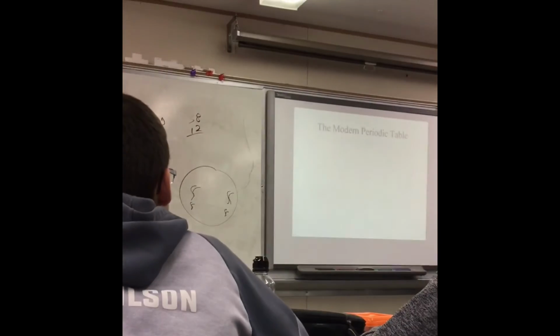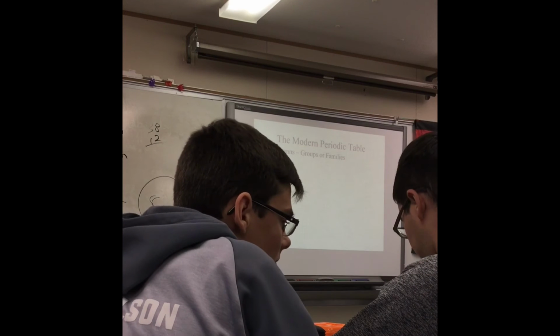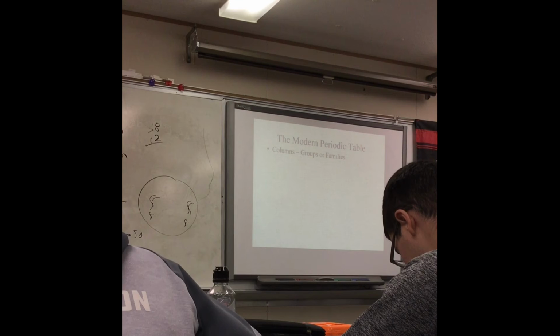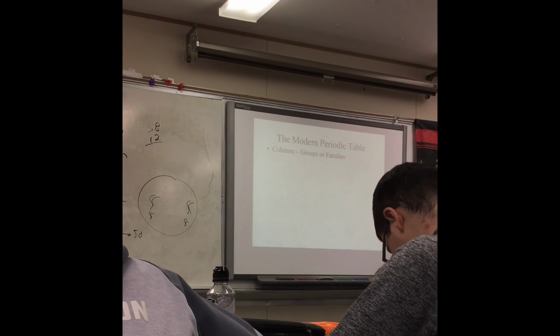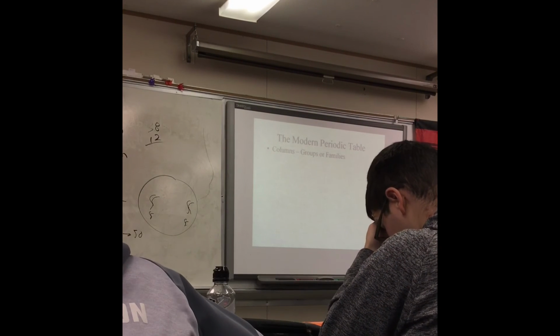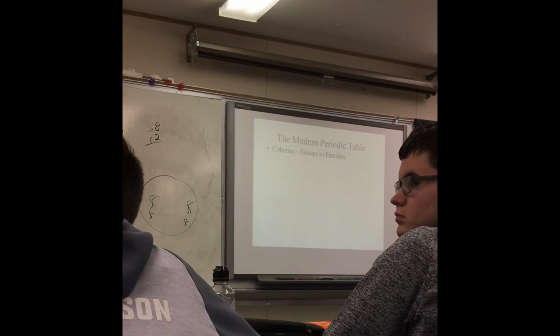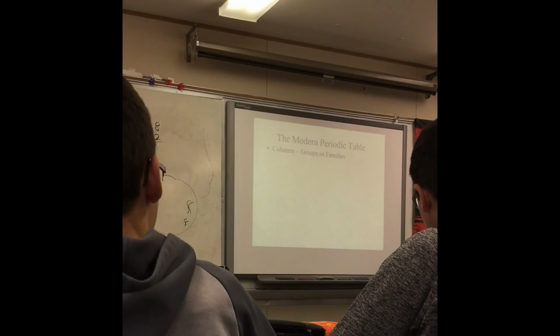Now, let's define some things in the periodic law. This is something you may have already covered, so we can get through it pretty quickly. What do we call columns? We call columns groups or families. So if we count across the periodic chart, we have 18 groups or families. There are 18 columns across the periodic table, and each column is a group or a family of elements.